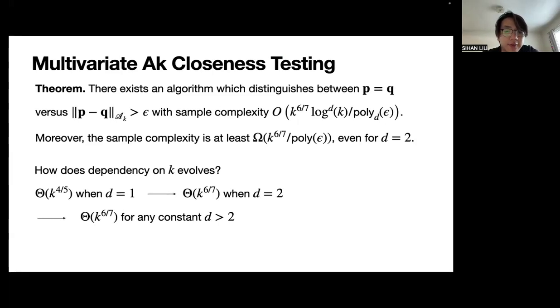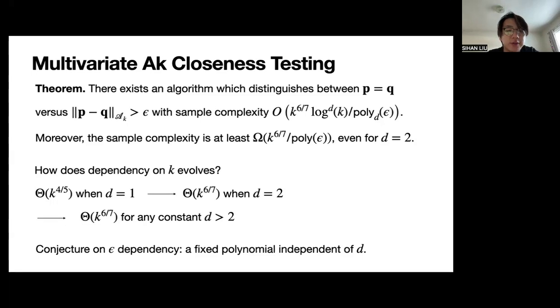However, as d further increases, the exponent on k just stays at 6/7. Quite surprisingly, unlike identity testing, this suggests that the sample complexity of AK closeness testing has gone through a sharp phase transition from the single variate to the multivariate setting. This is the main conceptual message of our work.